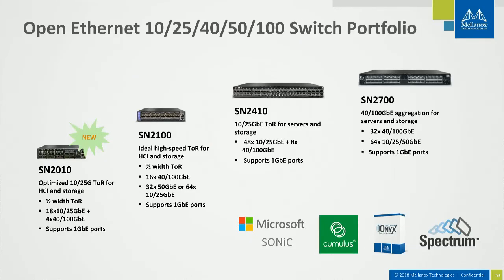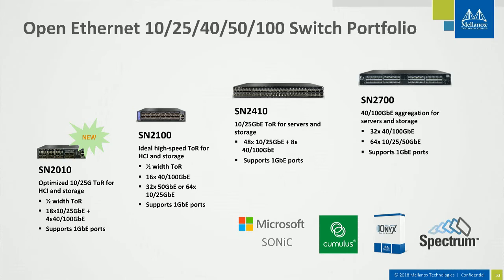Next, I'll show you the complete portfolio of Mellanox Spectrum switches. On the left, we have the SN2010, which is ideal as a top-of-rack switch for storage and hyper-converged. It has 18 native 10/25 gig ports and half width with a 1 RU form factor, so you can put two of them side by side for HA.